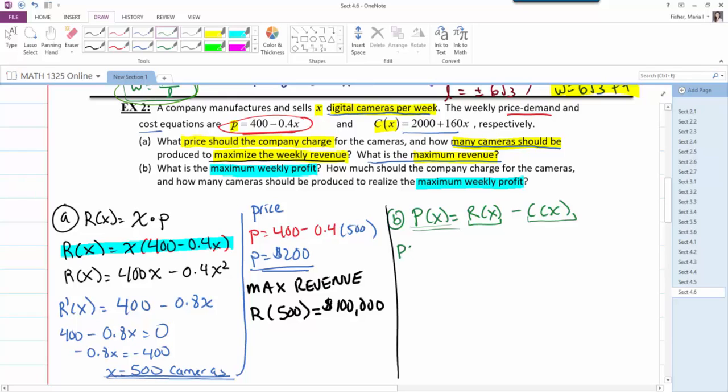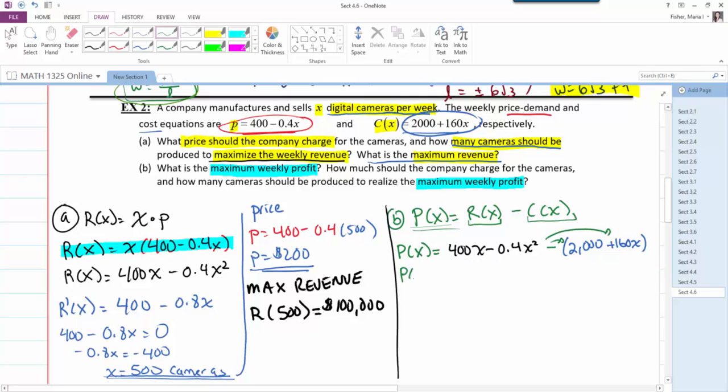So my profit function, P of x, is going to equal my revenue function, which is that 400x minus 0.4x squared. And I need to subtract off my cost function. We'll recall the cost function was given as 2,000 plus 160x. Now don't forget to stick it in parentheses so you remember to distribute that negative.